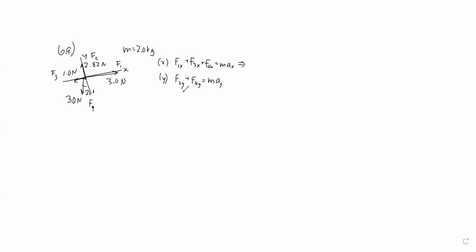This will turn into 3.0 newtons. That is F1x. F2x is 0. F3x is minus 1.0 newton. And then we have to do a little trick. We have to do 3 times cos or sine of 20, because even though this is in the negative x direction, looking back at this free body diagram, the x component of it points in the negative x direction that we established.